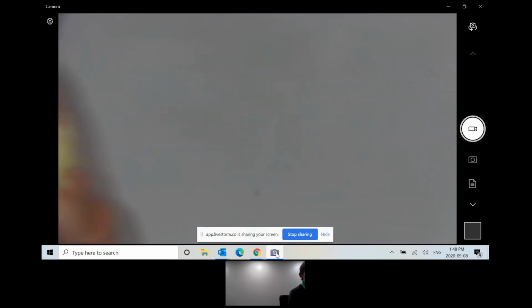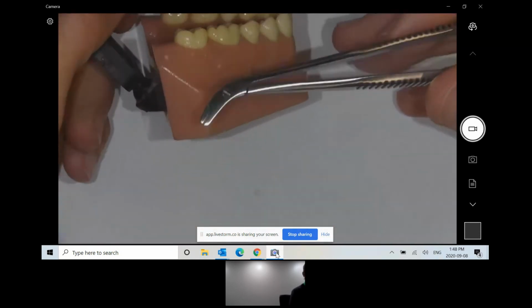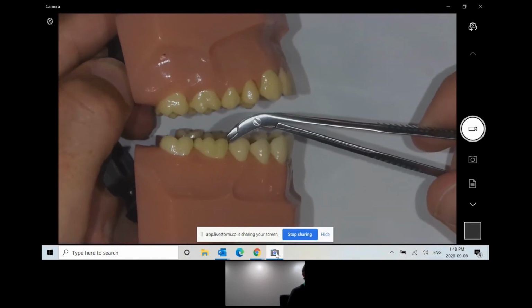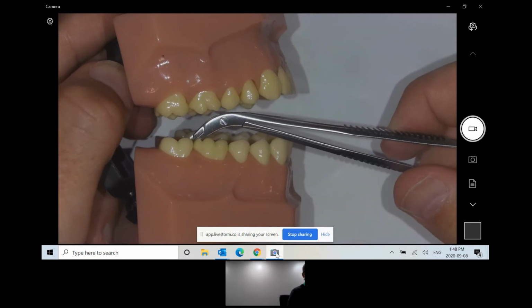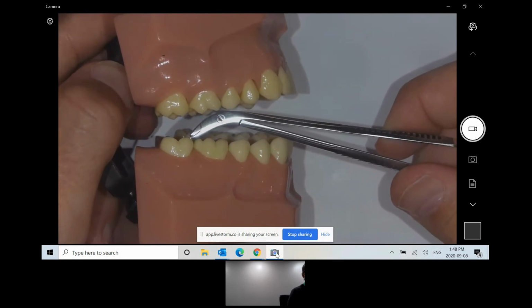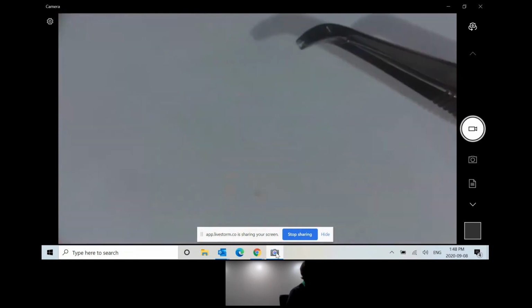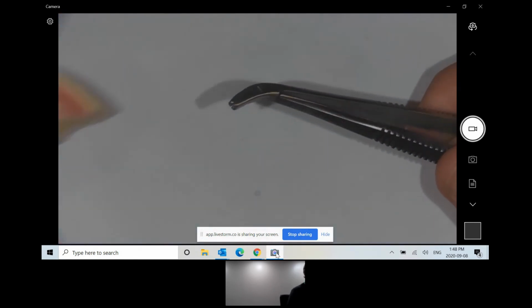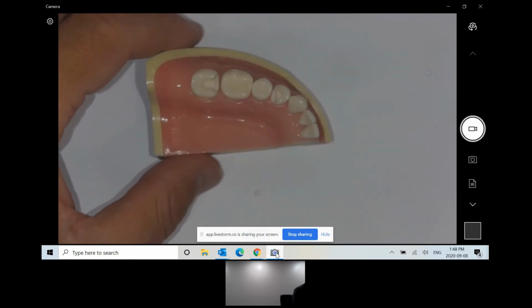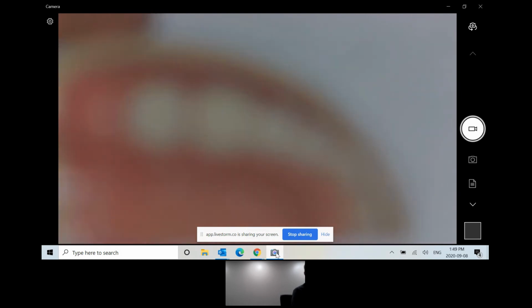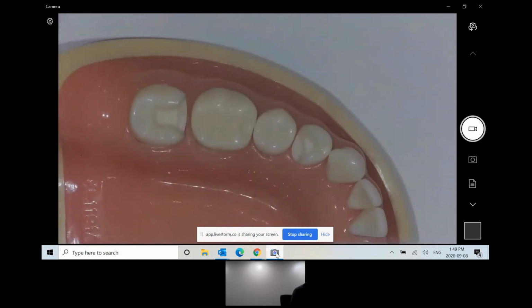Especially on a second molar, because of the angulation, even if the patient has a restricted bite, they allow very easy access for placement or removal of the matrix band. So I've got a class 2 tooth here, and I'm just going to zoom in a little bit more. As I said, we're going to place the matrix band first.